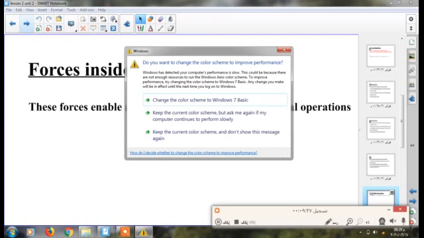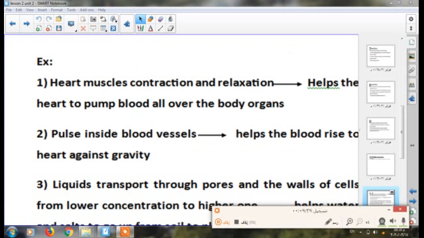Like what? We know that in the circulatory system we have an important organ, the heart. And we know the heart contains 4 rooms. This room contains blood, and this room pumps the blood to the whole body's cells.